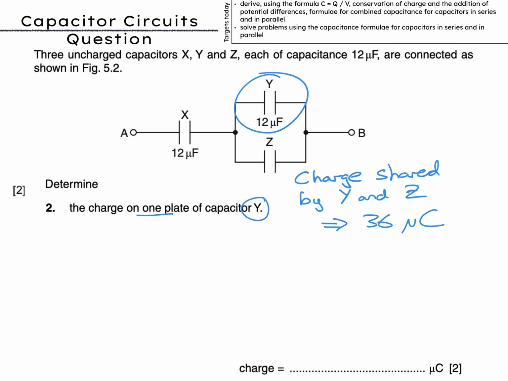Alternatively, the PD is shared by X and the parallel pair. Since X has half the capacitance of the pair, and V equals Q over C, and Q is the same for X and the sum of the pair, X must have double the PD of the pair.